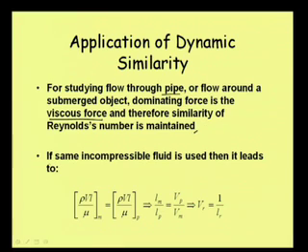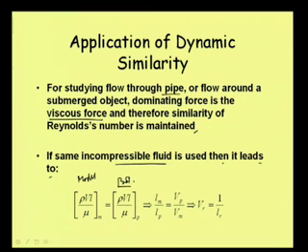And if the same incompressible fluid is used, well, we are considering the same incompressible fluid, means the rho value, the density of the fluid, is the same. If it is that, then again starting from model and prototype, I am writing briefly. So, the model Reynolds number is rho V L by mu of the model and rho V L by mu of the prototype.